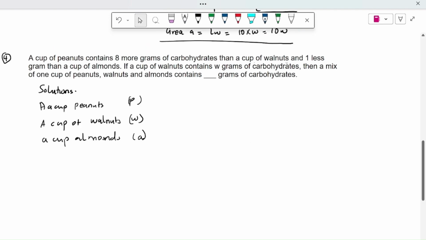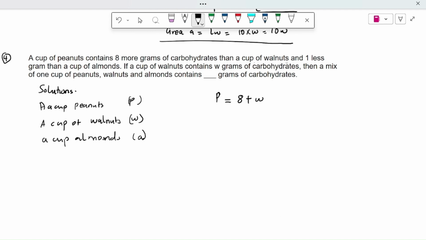When you read the first sentence, a cup of peanuts contains 8 more grams of carbohydrates than the cup of walnuts. So we know that peanuts has 8 more grams than walnuts. That is the first sentence. And then it says that the cup of peanuts has 1 less gram than the cup of almonds.